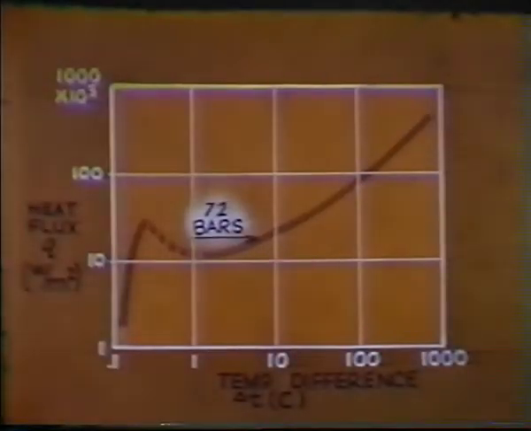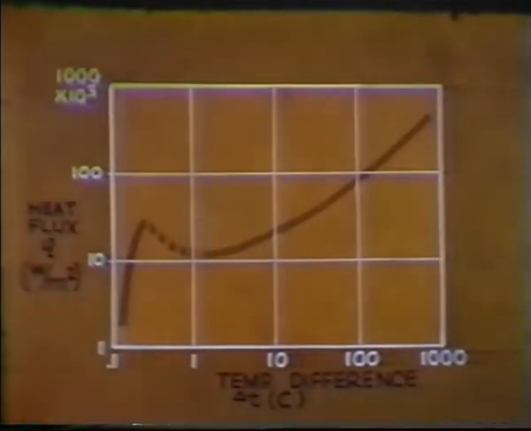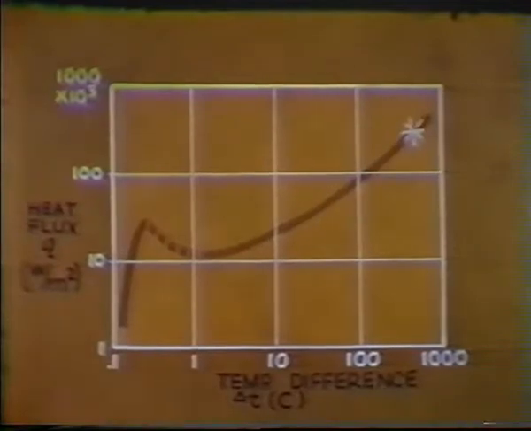The next run is again at a pressure of 72 bars. The power is abruptly raised to 350,000 watts per meter square and then gradually increased to 500,000 watts per meter square. We again see the oscillation of the vapor sheets and the turbulent bursts.